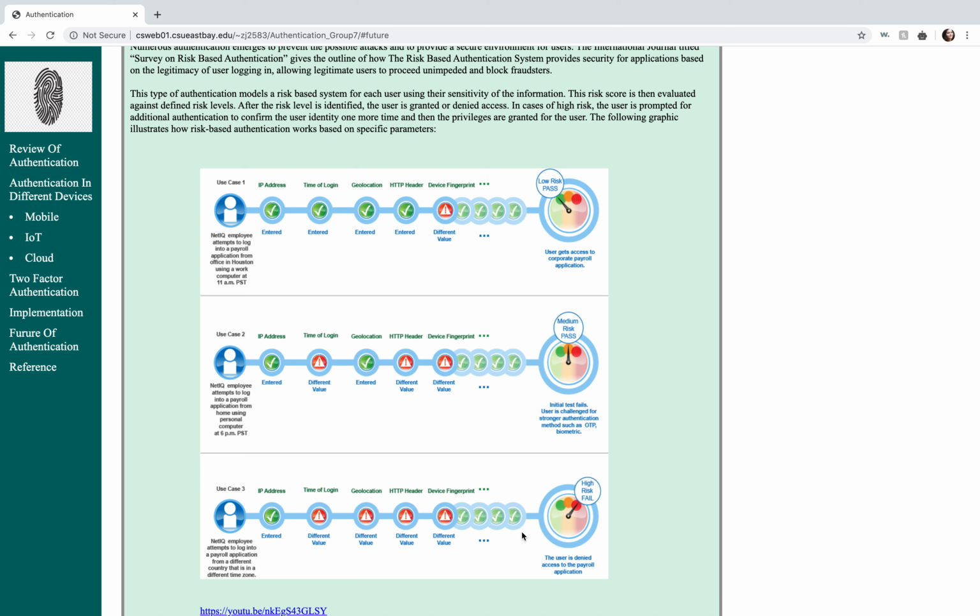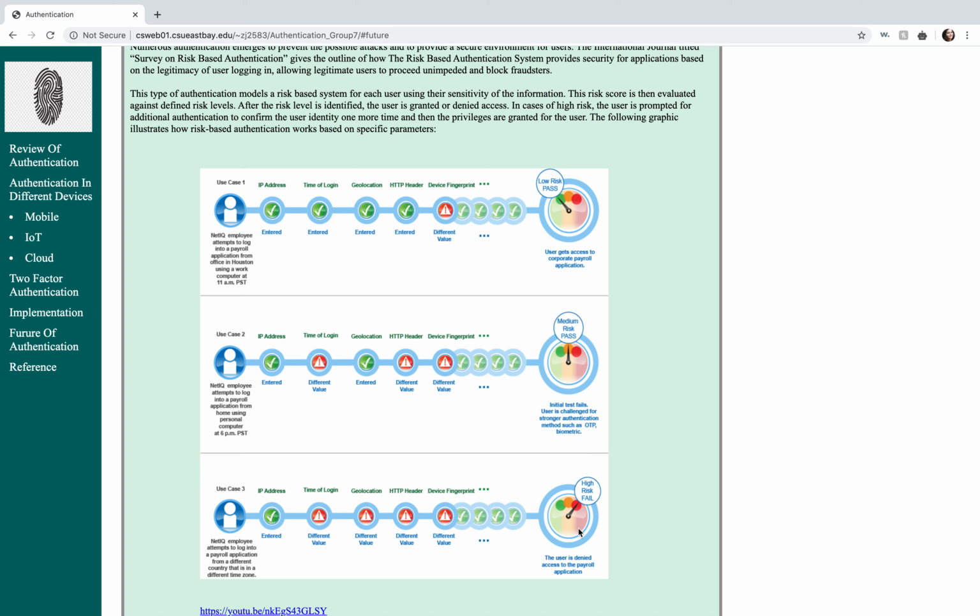If the risk level keeps increasing, it adds more authentication layers. Even at medium risk, if two or three criteria are not passed, the user is prompted for a generated OTP or biometric, another layer of authentication.